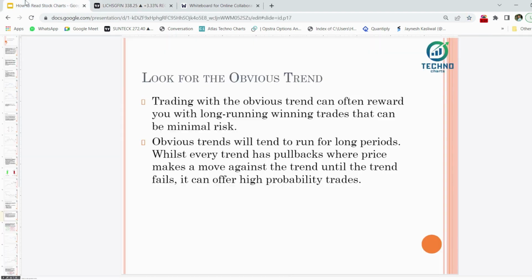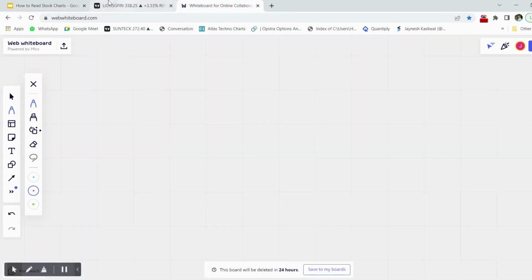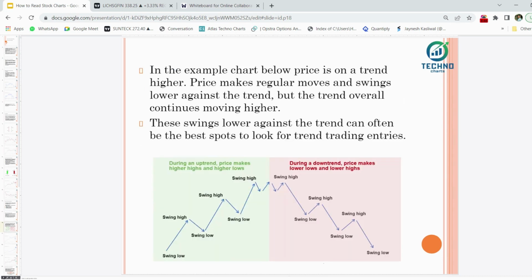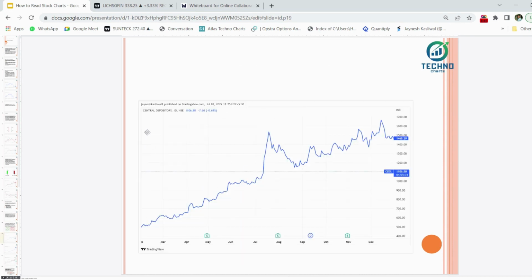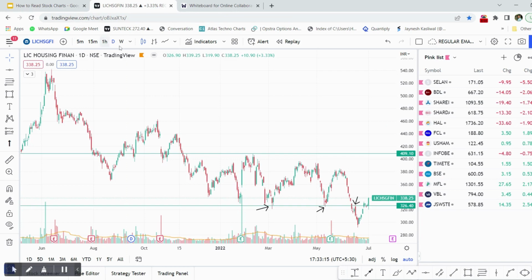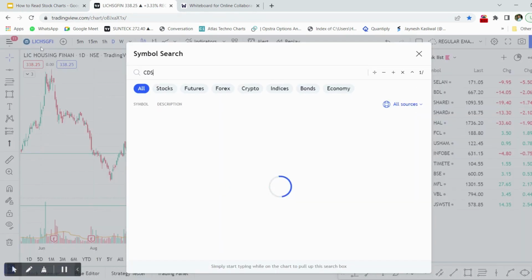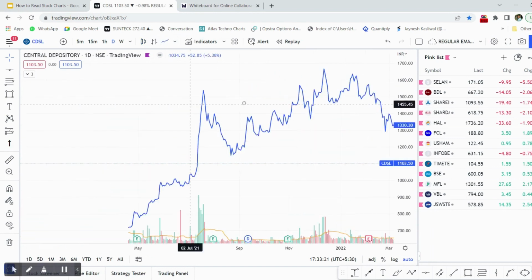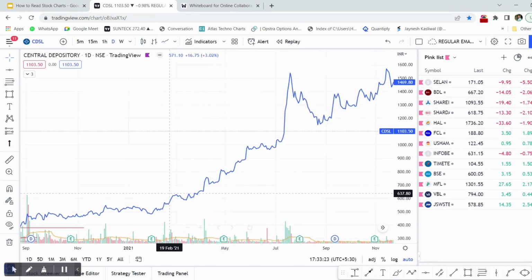So you should be looking for the obvious trends where a stock forming a higher high, higher low pattern is visible, and then look for buy trades, because the stock gives you a good low risk, high reward opportunity in case of swings. Here is a clear example of CDSL. If we check the chart of CDSL with the line chart, you see that the stock is forming a higher high, higher low pattern continuously, right?